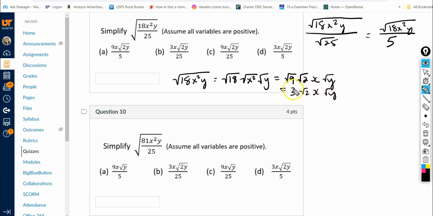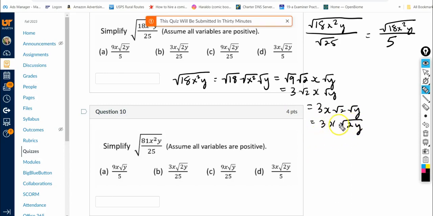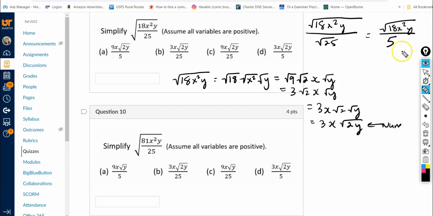And then I'm going to swap the order now because this is a product. And then I'm going to put these together under one square root symbol. It's going to be 2y. So this is my numerator. And my denominator was 5.